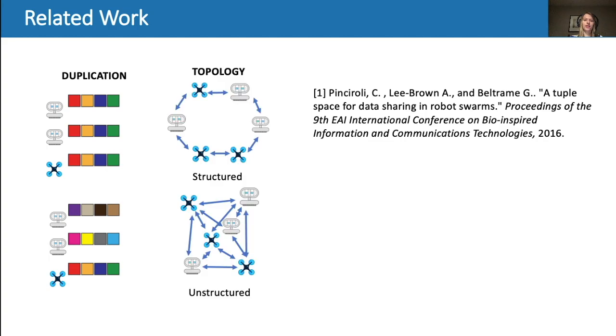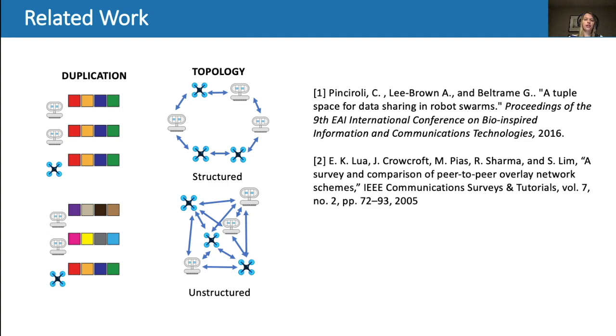Another consideration that ensues from not being able to duplicate data fully is organizing the distribution of data to nodes and organizing the data flow between the nodes. Deciding which node stores what data is referred to as key partitioning in peer-to-peer network literature. The data flow between nodes happens based on an overlay network.